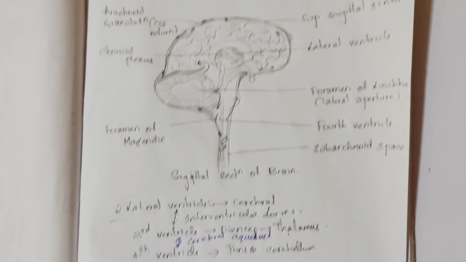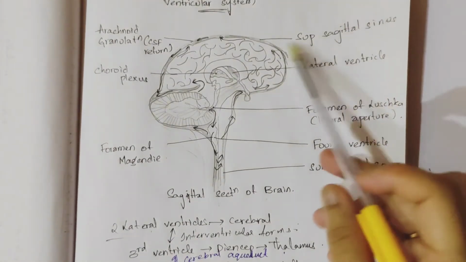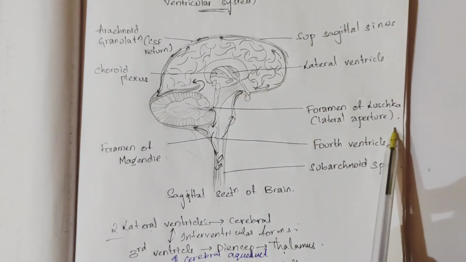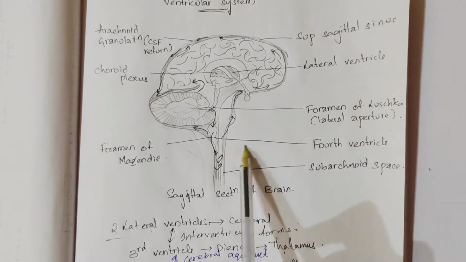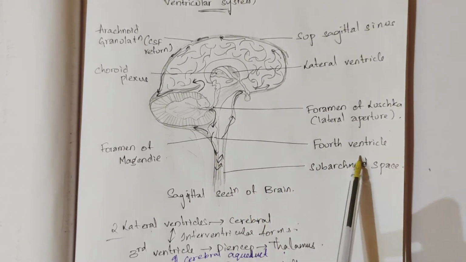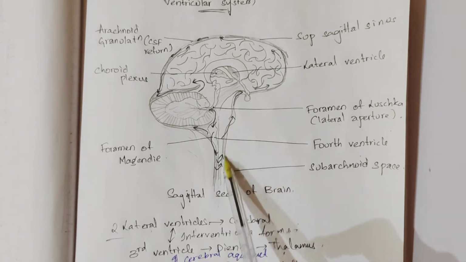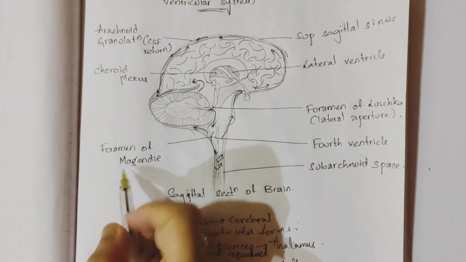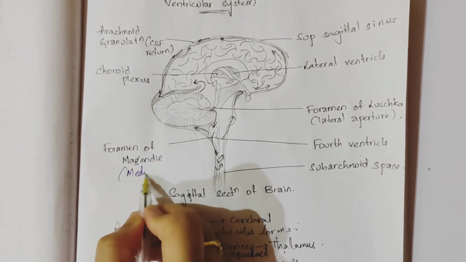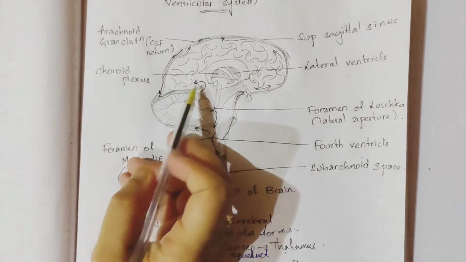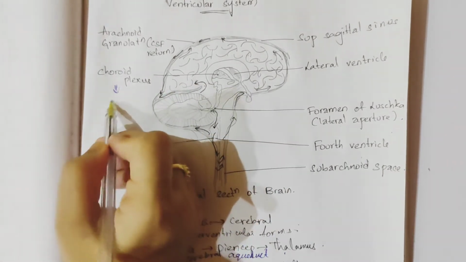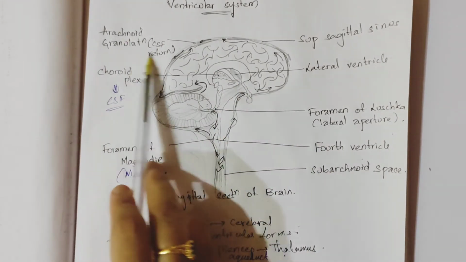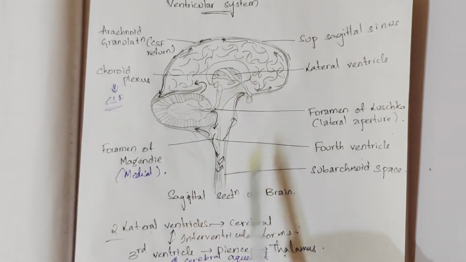We can see here in the picture the superior sagittal sinus, the lateral ventricle, the foramen of Luschka, that is the lateral aperture, for the fourth ventricle, and also the subarachnoid space, and here is the foramen of Magendie, which is the medial aperture, and also the choroid plexus, which secretes cerebrospinal fluid, and here are the arachnoid granulations, where this cerebrospinal fluid returns.